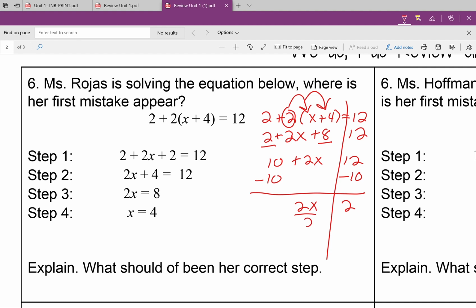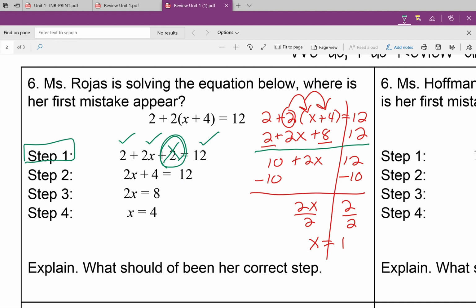Lastly, I'm going to divide by 2, and I get x is equal to 1. Obviously, that's not what she got, so let's check our steps. Notice in my first step, right here, I got 2 plus 2x. That's what she got, 2 plus 2x. But then I got plus 8. That doesn't match hers. And then I got 12. So since this part does not match, that means her mistake first appeared in step 1.